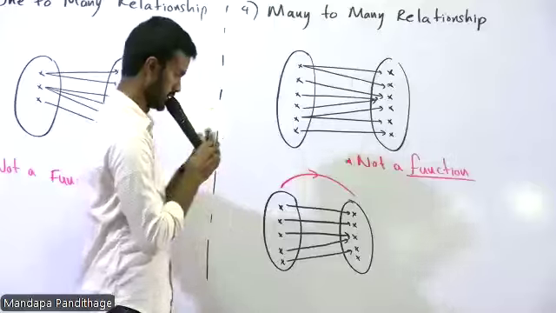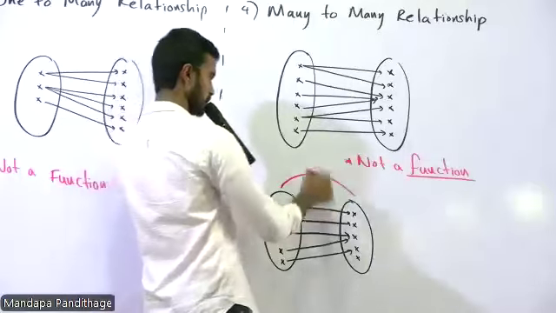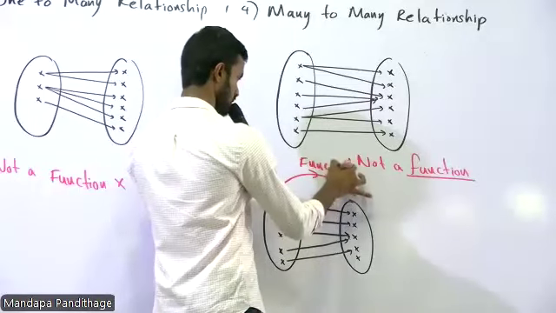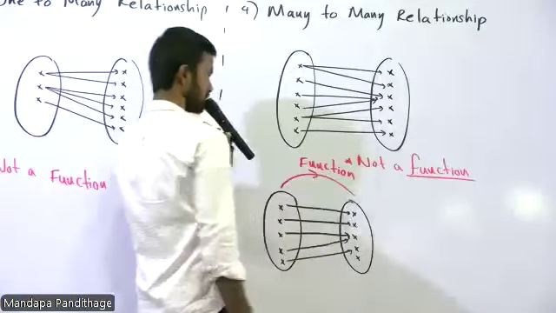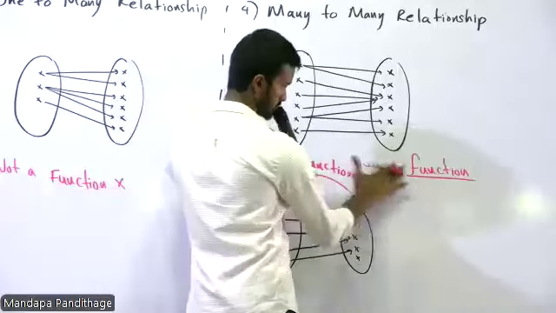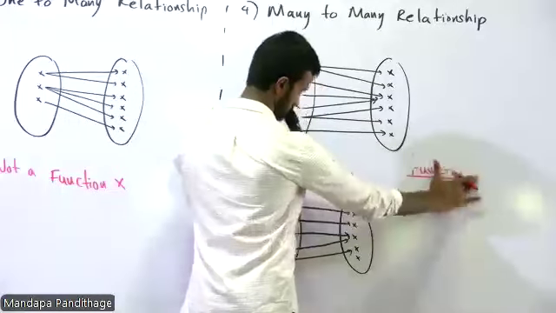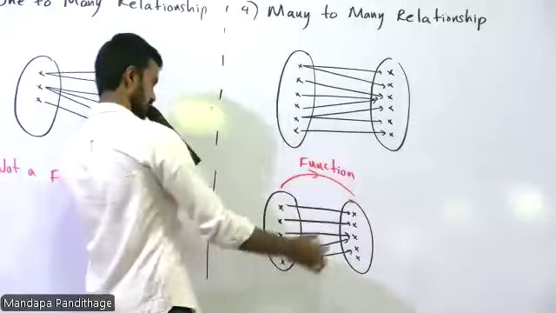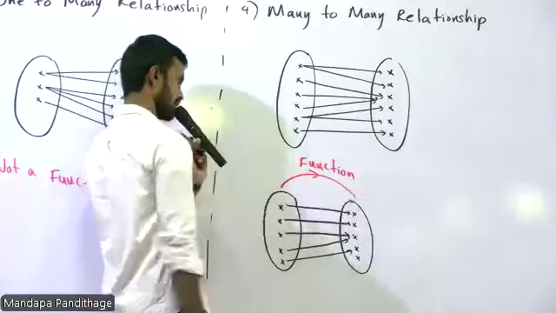Just draw this same one and show that. This is what we call a function. This is what we term a function. So this becomes a function.